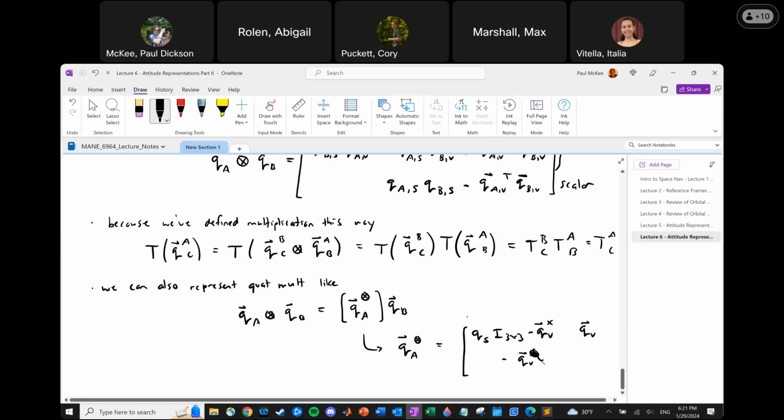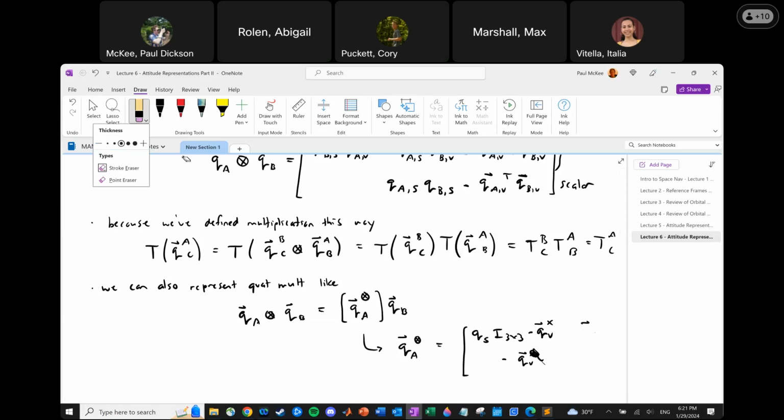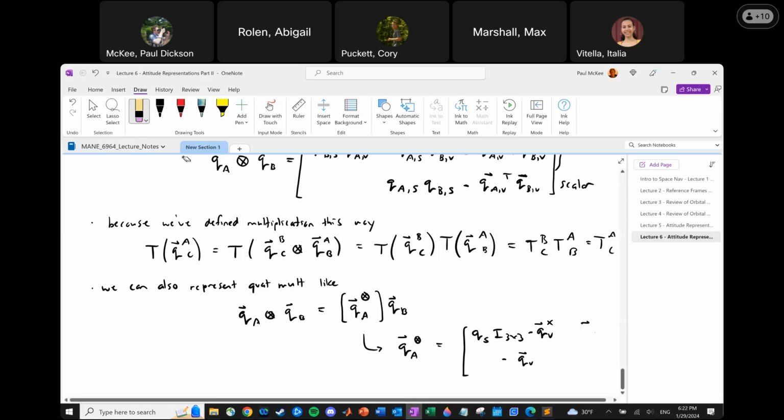Hopefully that makes sense why, in a minute when I regain the control over my erase button. There we go. So slip of the hand, should be transpose. Q vector, and then this should say Q scalar.